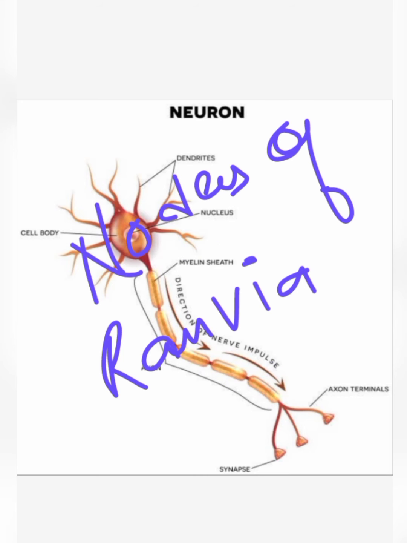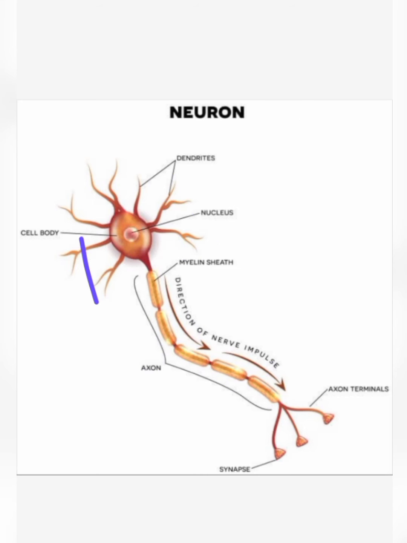Now let's come back to what we were discussing. I was repeating whatever we studied. The axon transmits nerve impulses away from the cell body, and the distal end of the axon is branched into axon terminals, which end in a bulb-like structure called the synaptic bulb.